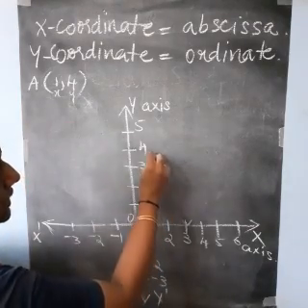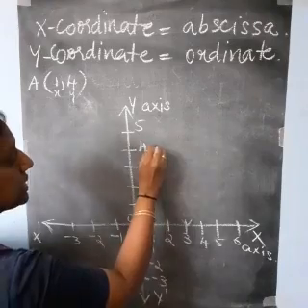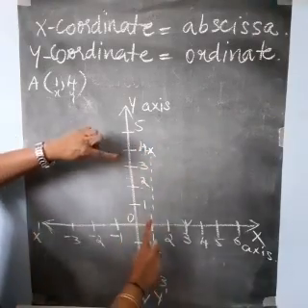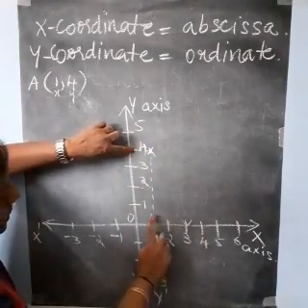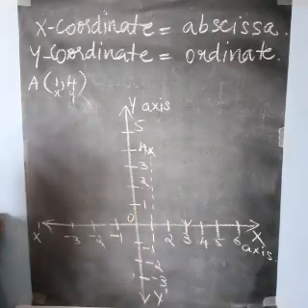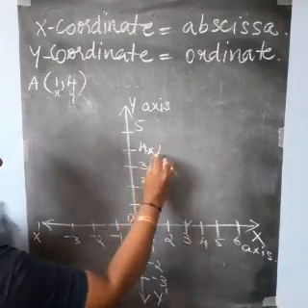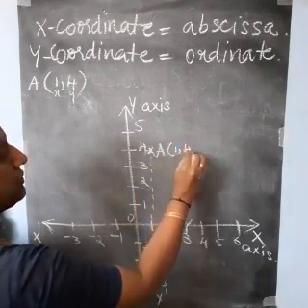You can even draw lines. Extend this line and this line till they meet at this point. Understand? Or you can move your finger up and sideways till you get the meeting point of these two values, and that will be A of 1, 4.